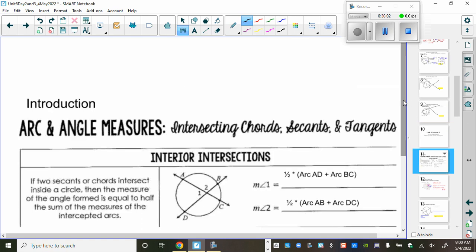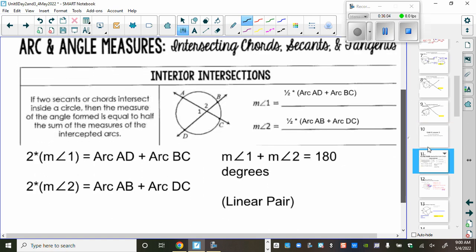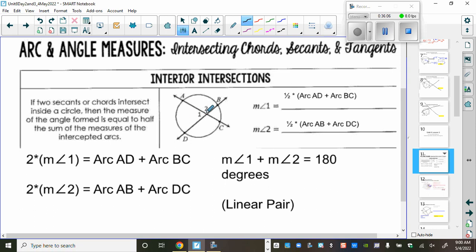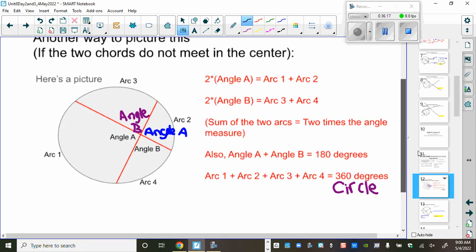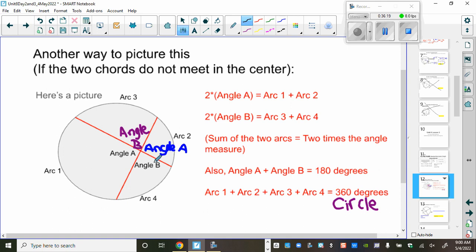All right, basically, here's what's going to happen. Now, your two lines are not going to meet at the center. So basically, you're going to be taking the average of your two arcs to get your angle measure.